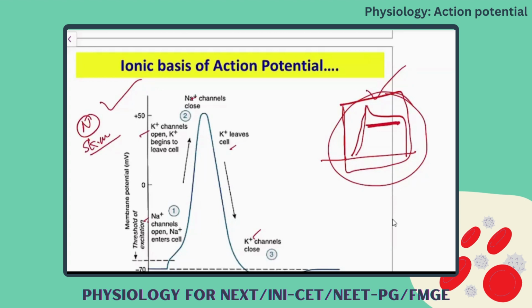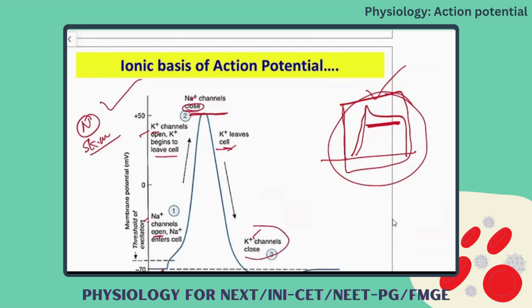So in here, in the presence of a stimulus, the sodium channel opens and still the potassium channel begins to leave the cell. And once it has reached the potential, the sodium channel closes, still the potassium channel is a leaky channel always. It is being leaked. Whether it is polarized, depolarized, repolarized, it will never consider it because it is a leaky channel. Okay.